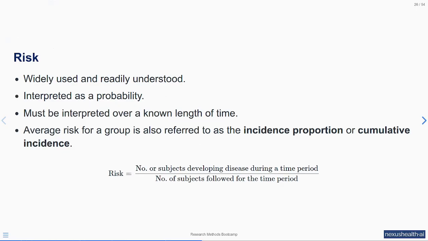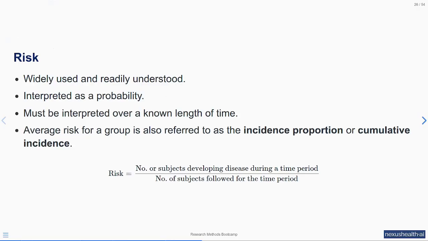One of the widely used and readily understood measures of effect or association is risk. This can be interpreted as a probability, and it must be interpreted over a known length of time. The average risk for a group is also referred to as the incidence proportion or cumulative incidence. And how is it calculated?